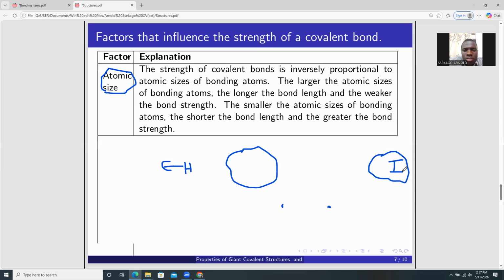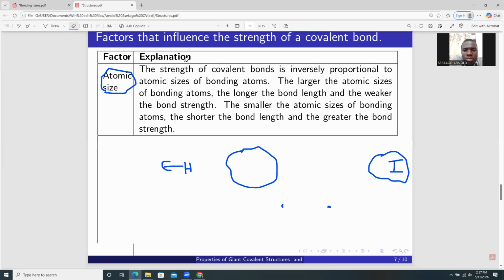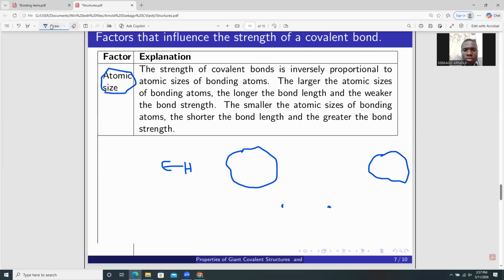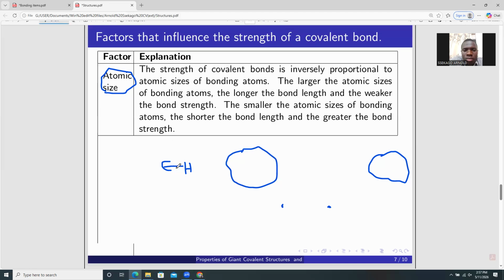Maybe I should leave these examples because some of you haven't covered atomic size. That's why I have not even called it atomic radius. In some books, they call it atomic radius, which is the same as size. So we are looking at the size of an atom. We can have atoms that are big and atoms that are small.